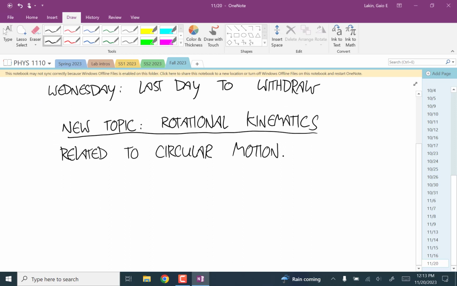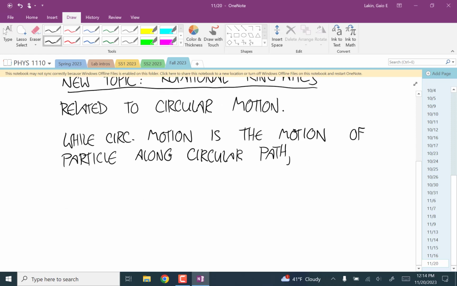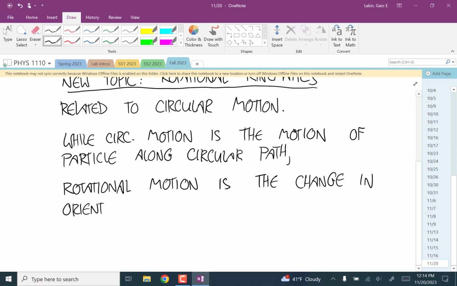But here's really the difference. While circular motion is the motion of a particle along a circular path, rotational motion is the change in orientation of a rigid body.